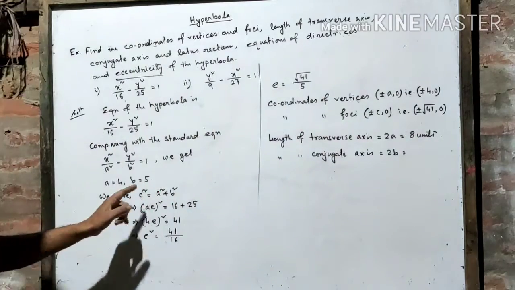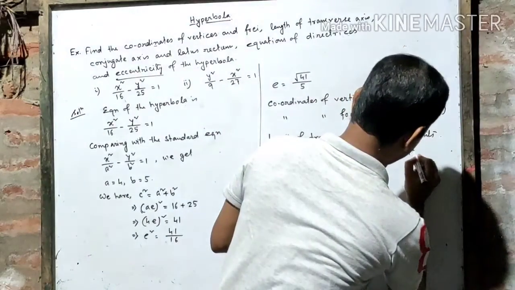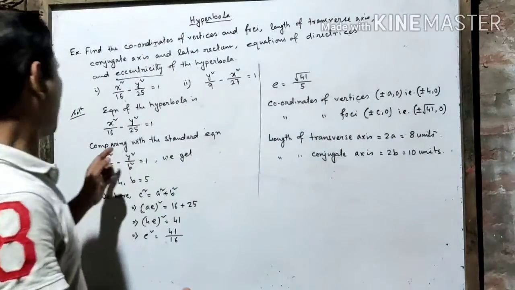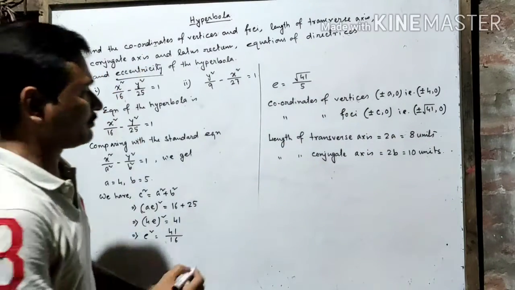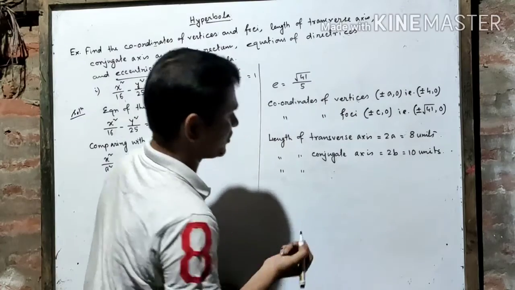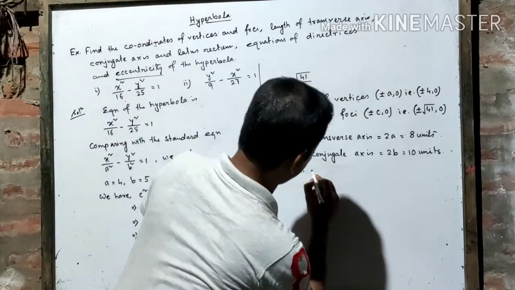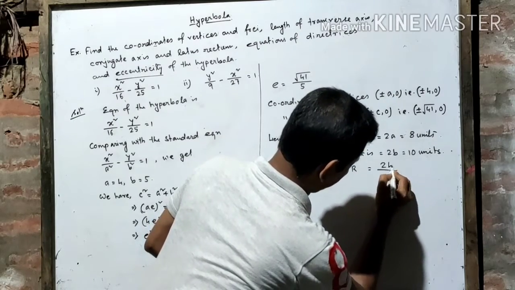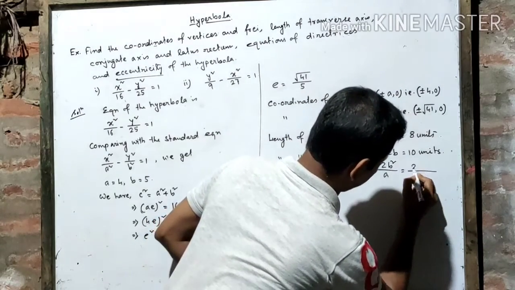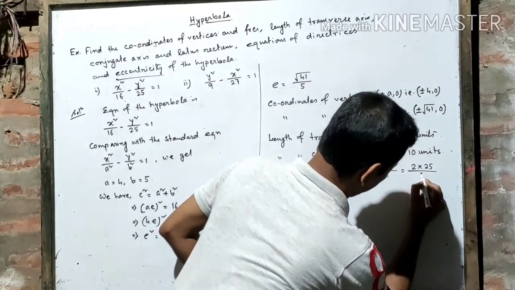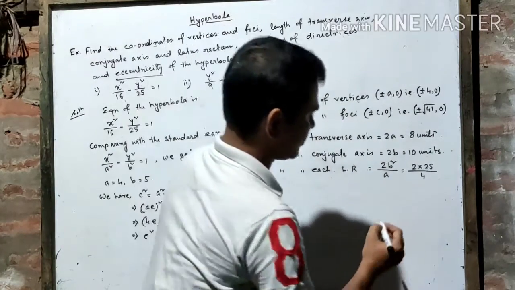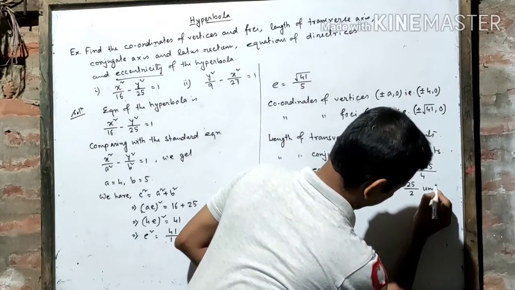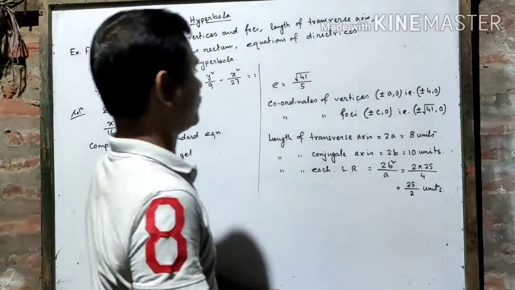What is b here? b is 5, so 10 units. Then length of latus rectum, or else you may write each latus rectum. Length of each latus rectum is equal to 2b square by a. This is equal to 2 into 25 by 4 is equal to 25 by 2 units.